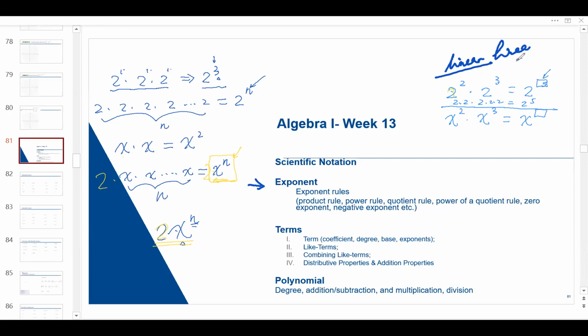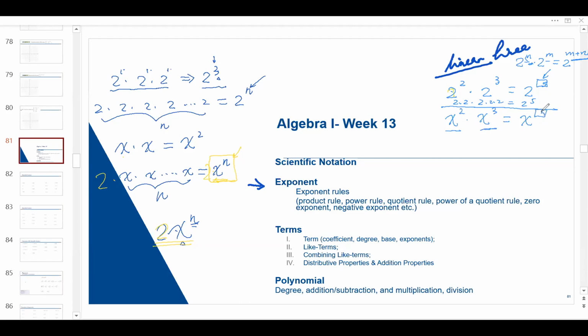So if we have x^n times x^m, the product is x^(m+n), right? Is it correct? The exponent part of the product is the sum of the exponents. The same here: x squared times x cubed. What's the product?